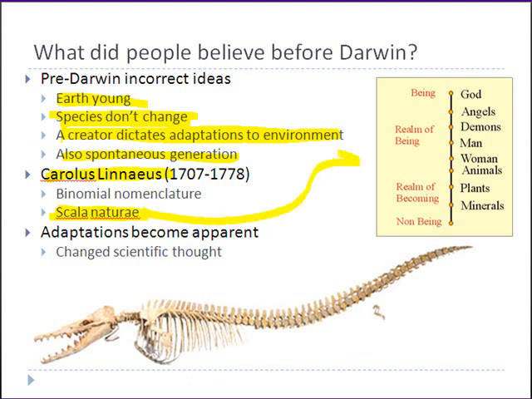If you look over here in this picture, it basically said that there was a hierarchy of value and complexity among organisms, and that plants were more complex than minerals, animals were more complex than plants, then men were more complex than women, then there were demons, angels, and the most complex, the most evolved being was God.